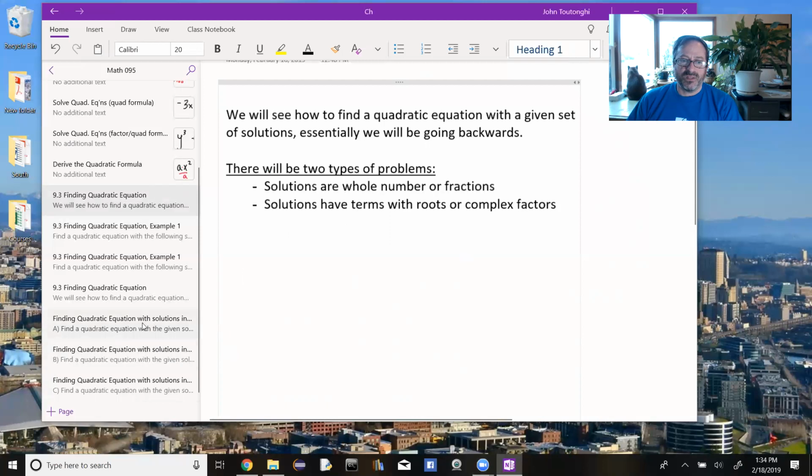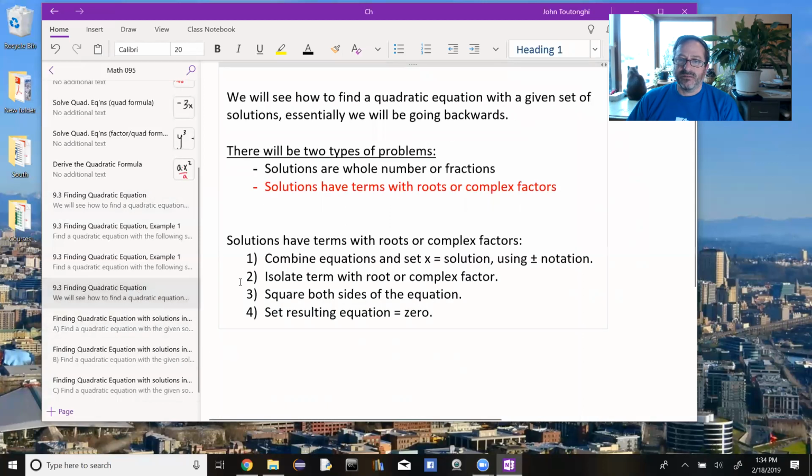So the ones we just looked at had roots or complex factors. We combine the equations to a single equation, setting x equal to the solution using a plus and minus notation. Then we isolate that plus and minus term. Then we square both sides of the equation, set the result equal to 0.